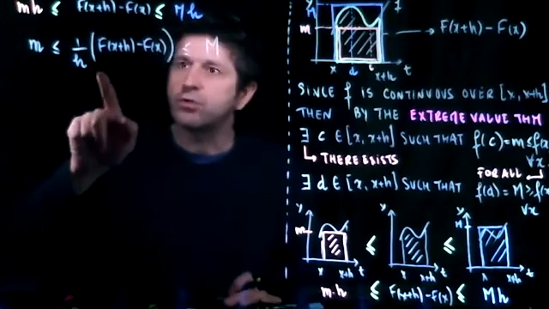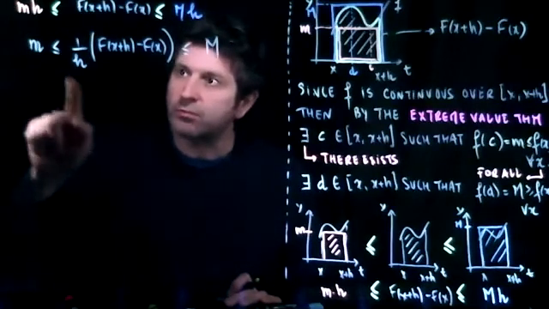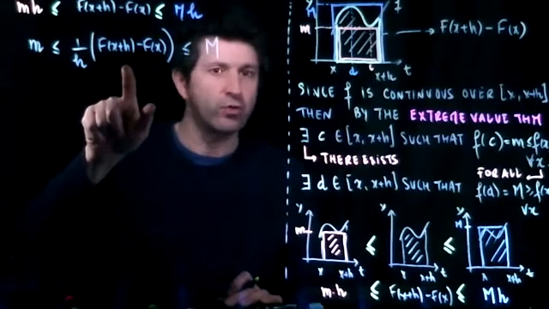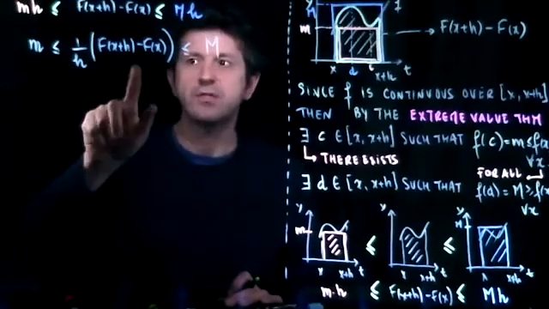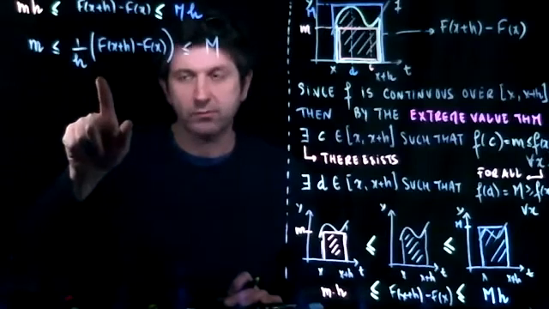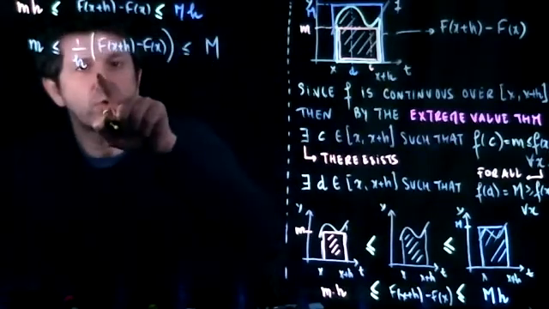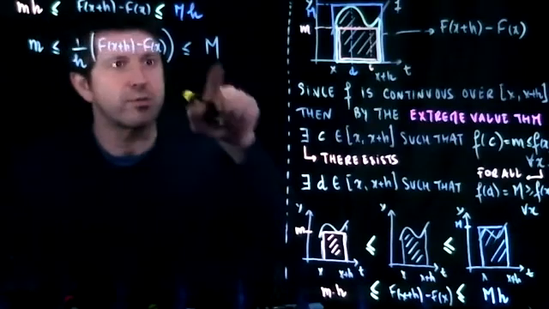Okay, and the middle term we recognize is very close to the definition of the derivative. The only thing missing is to take the limit as h approaches 0. So that's what I'm going to do. I'm going to take the limit as h approaches 0 on the three sides.